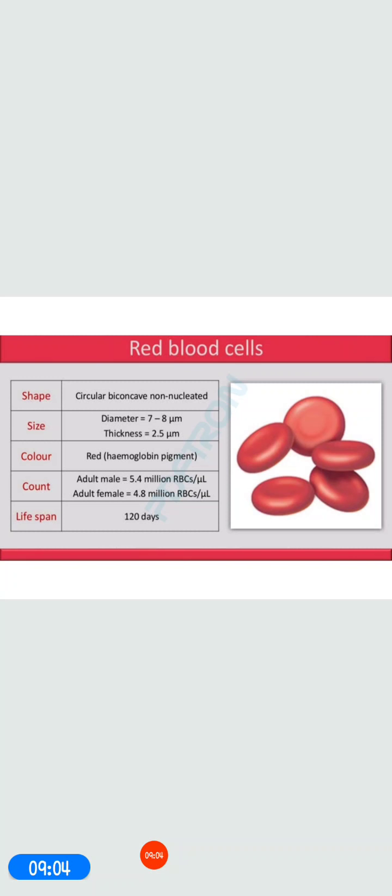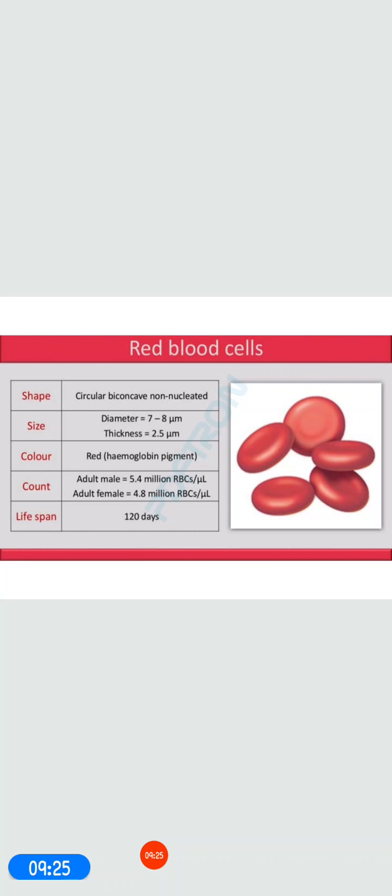The normal range is in men 4.7 to 6.1 million cells per microliter, and in women 4.2 to 5.4 million cells per microliter.